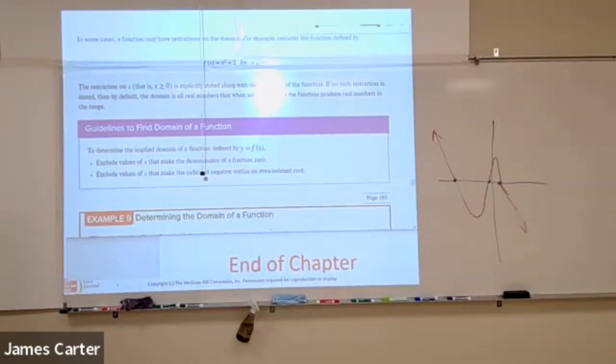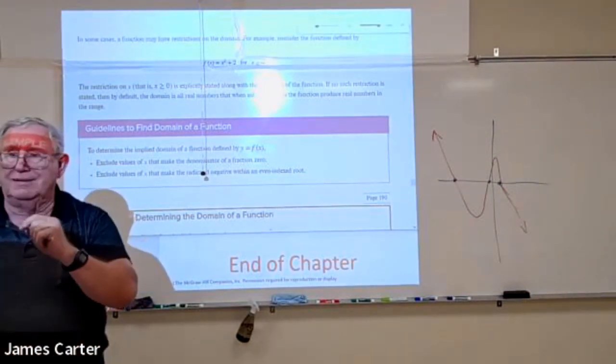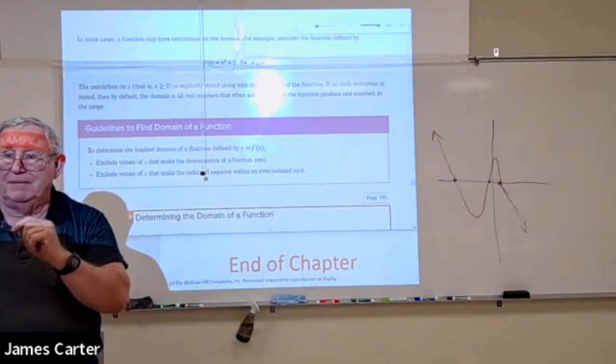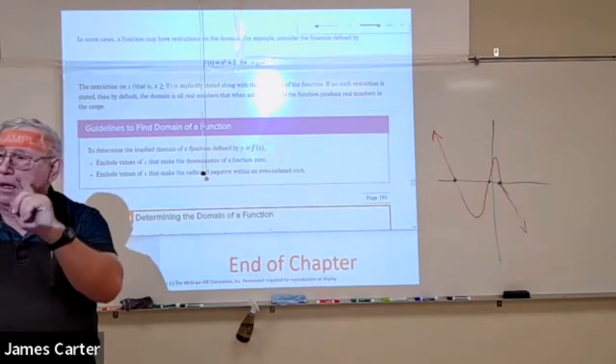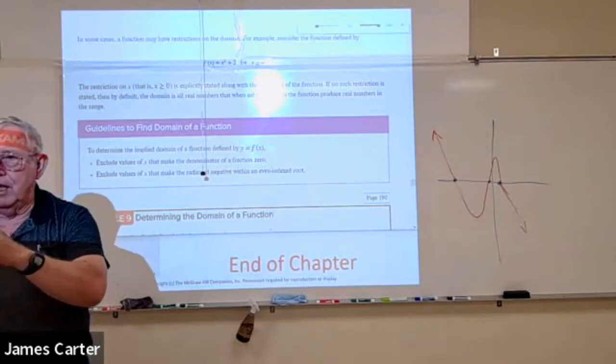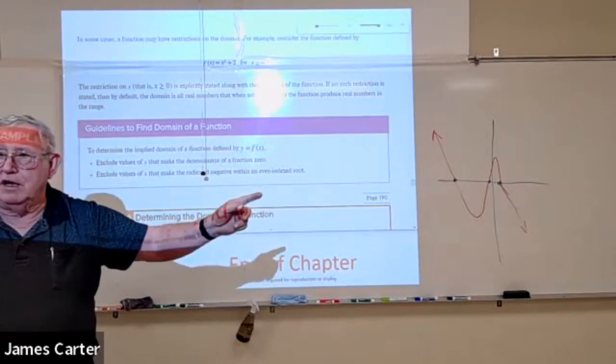Maybe not as easy to tell from an equation. But I will tell you this much. Every line has a domain with one exception, and that's a vertical line. Every line except the vertical line has a domain from negative to positive infinity.